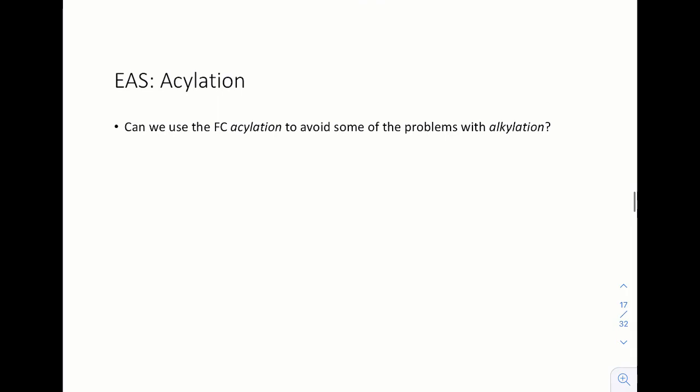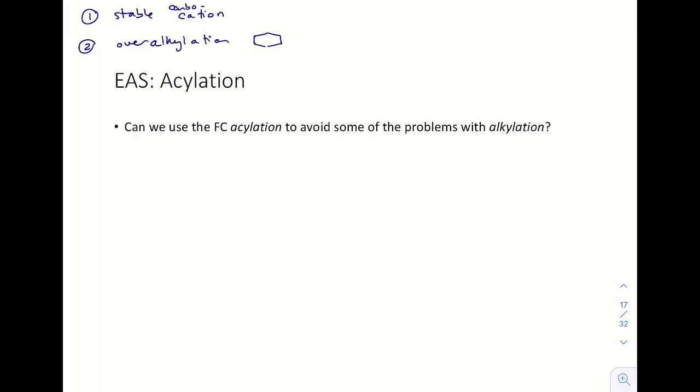How can we use the Friedel-Crafts acylation to avoid some of the problems with the alkylation? Well, recall what those problems were. There were two problems. There was the stable carbocation issue, and then the issue of overalkylation.